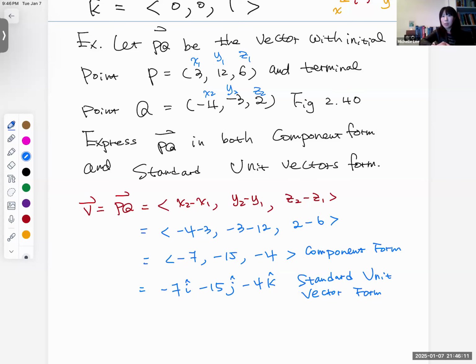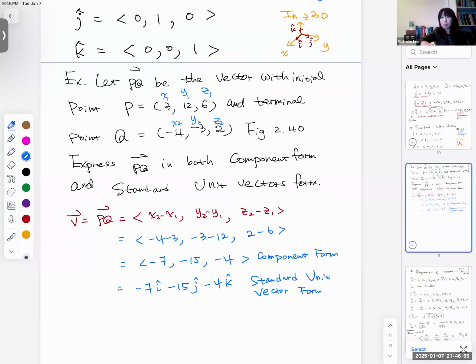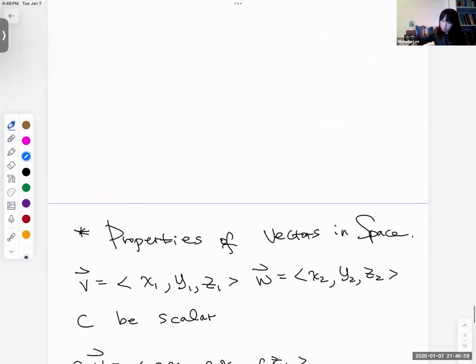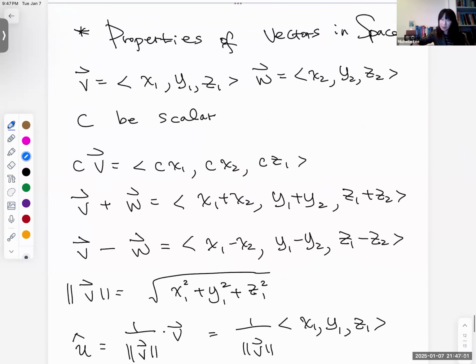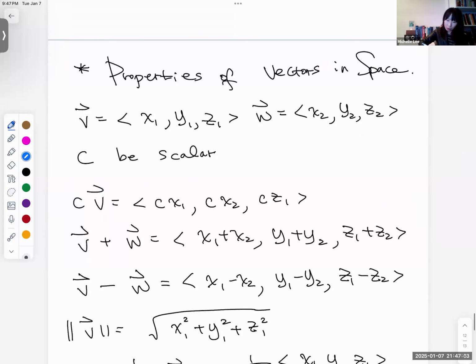Okay, so we have the same properties as in 2 dimensions. So here are the properties of vectors in space. Space, we know, is 3 dimensions, right?